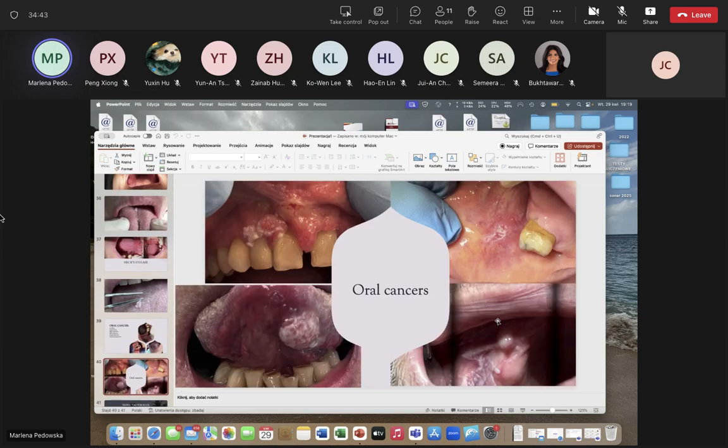Oral cancer used to be characteristic for older people, but not anymore. We have younger and younger patients coming to us, and we also diagnose cancers. Some lesions are very fresh, and some lesions are older. And here we have 4 clinical cases of the oral cancer.